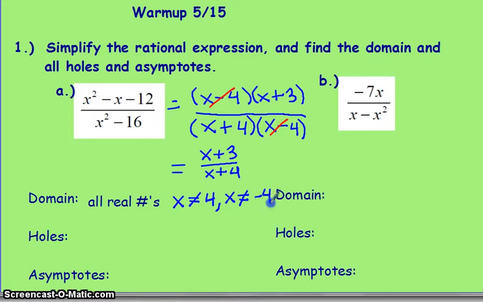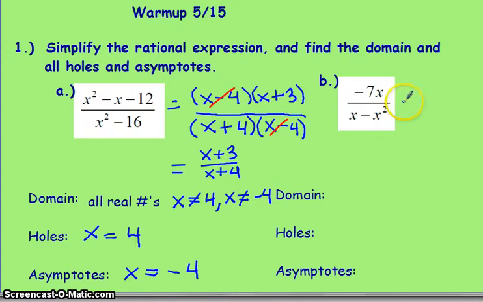So I exclude those values of x from my domain. Because the x minus 4 term canceled, that's going to create a hole in my graph. And there will be an asymptote where x plus 4 equals 0, and that occurs when x equals negative 4.